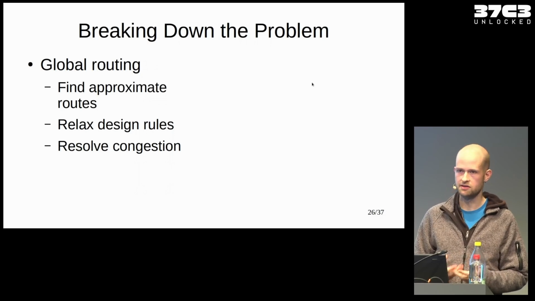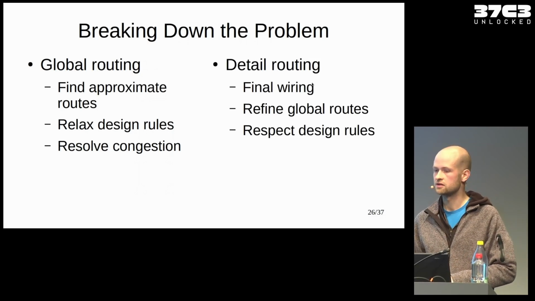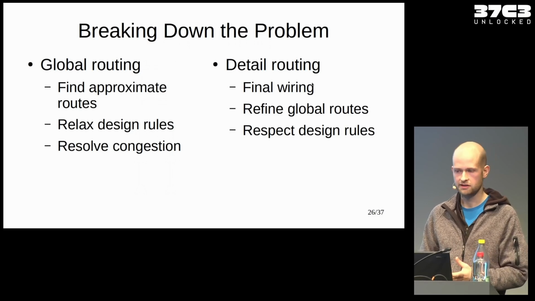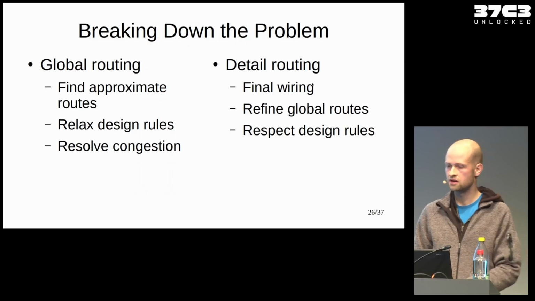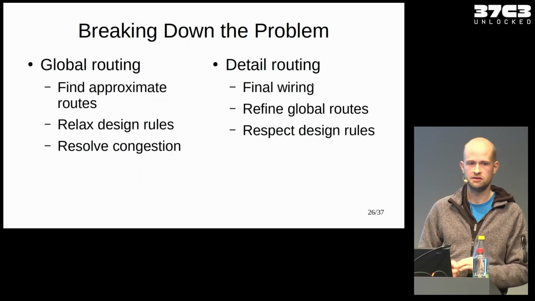And this way you can then simplify the so-called detail routing, where we draw the final wires, and in this way refine the global routes to actual wires. And in detail routing, we have to respect the design rules, so we need to be aware of this minimum distance that we have to keep not to create short circuits.